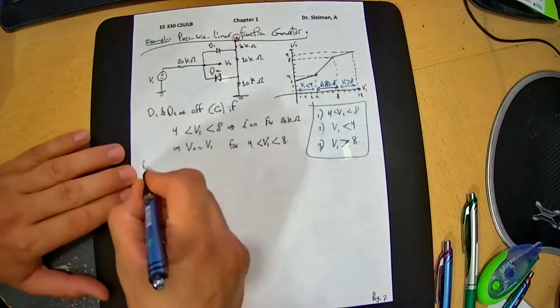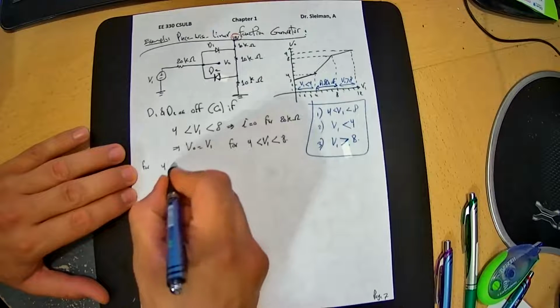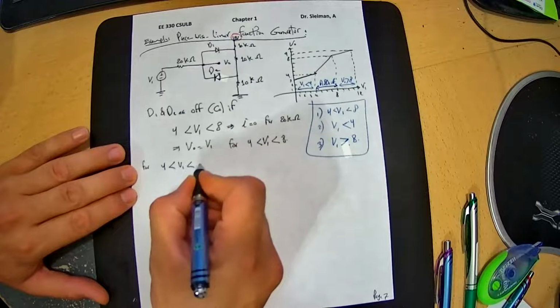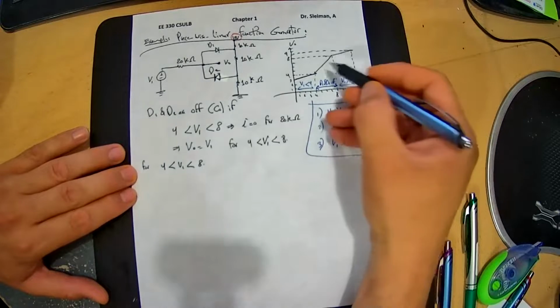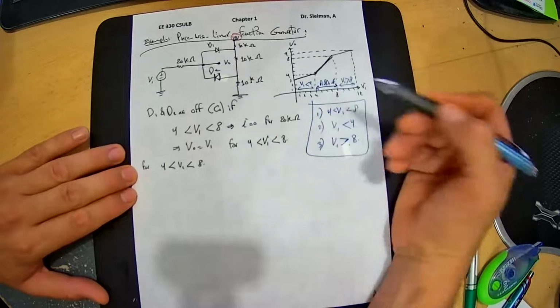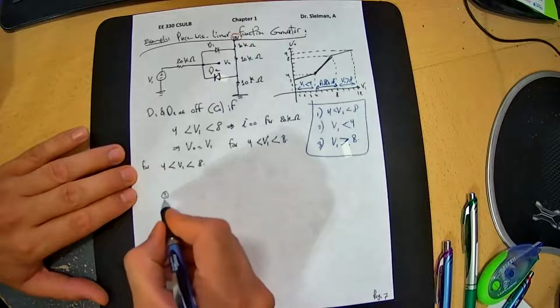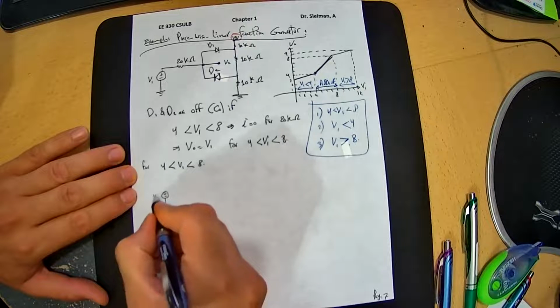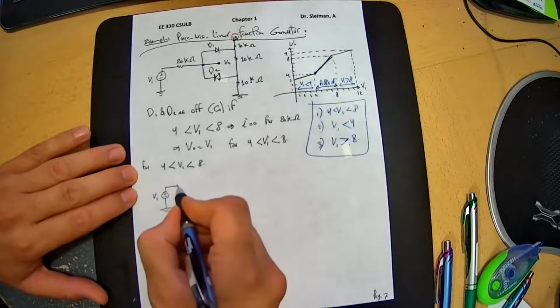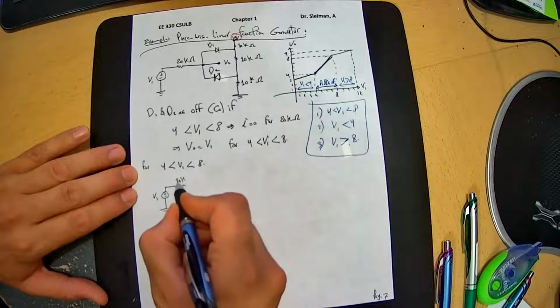So for V1 between 4 and 8, what happened here? I'm going to draw the circuit. This is V1, 20K.